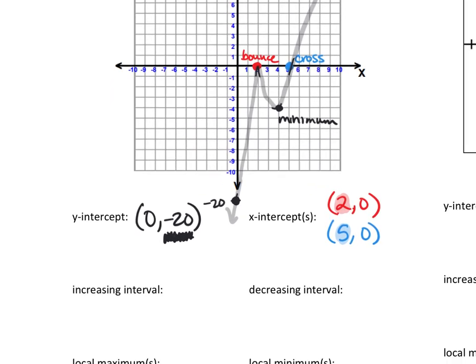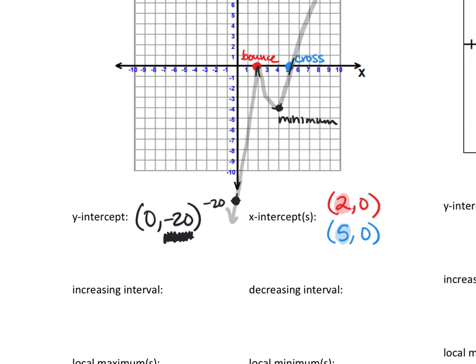The next thing we're asked for is the increasing and the decreasing intervals. What did that mean when we're talking about increasing intervals? Think about the vocabulary list. What did we mean by increasing? It has to do with the turning points, sort of.